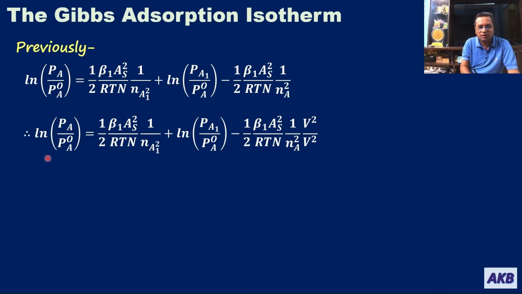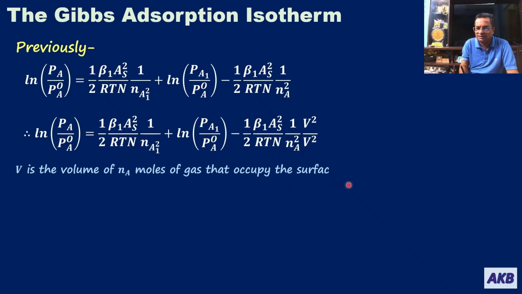What is V? V is the volume of Na, the moles of gas that occupy the surface of the adsorbent. Since Na is the number of moles of A that are on the surface of the adsorbent, those moles have a volume of V.